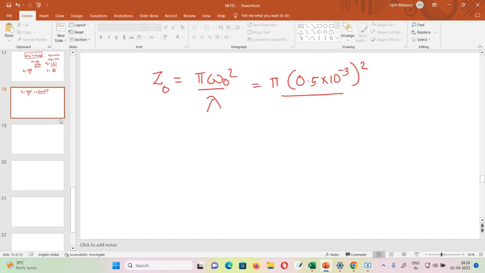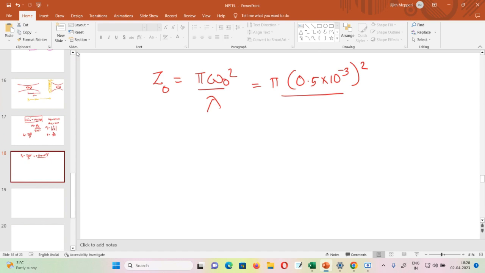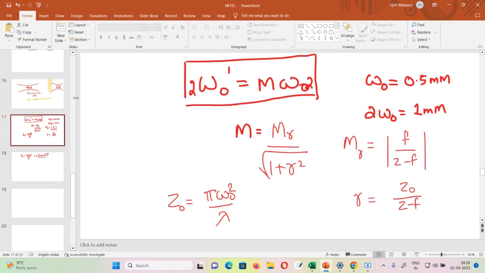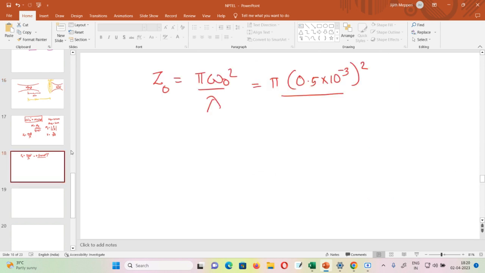Oh, z naught is directly given. Sorry. So you don't need to calculate z naught, since they already gave the z naught directly, you can directly put that. So this thing you don't need to calculate.